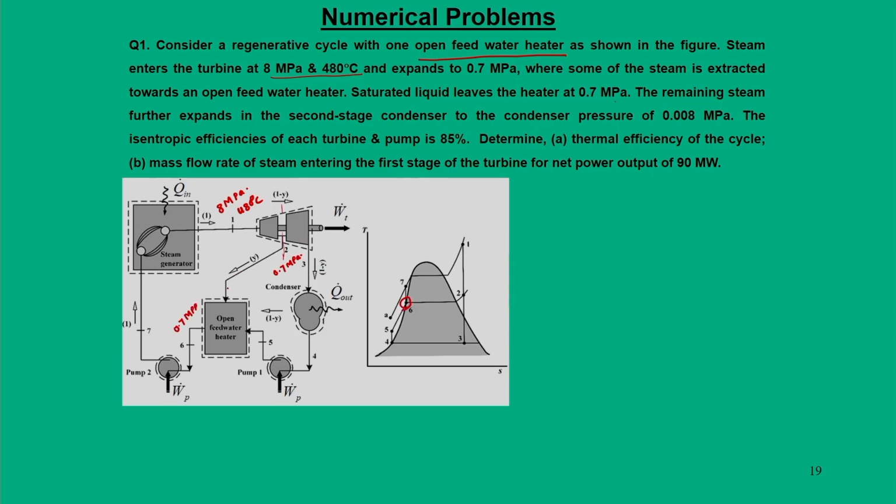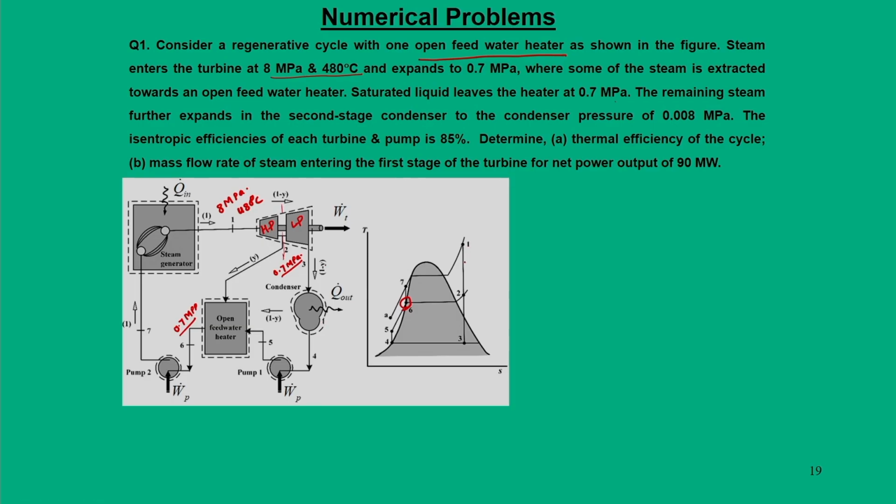If you see this particular thermal circuit, they are at the same pressure. The remaining steam further expands in the second stage turbine. So, we have taken Y, so 1 minus Y unit enters the next turbine. Here it will be the low pressure turbine; the first one would be the high pressure turbine. So, 1 minus Y units again expand in the second stage turbine, and then further in the condenser.